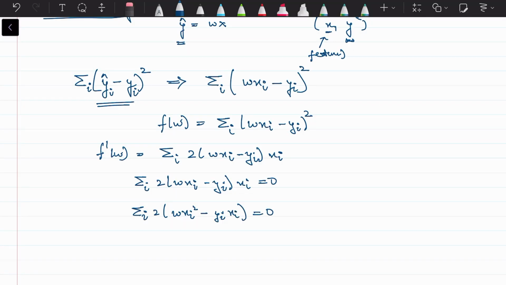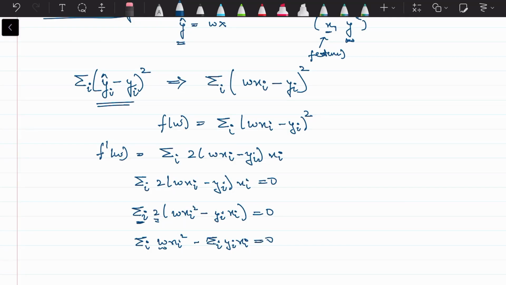Since 2 is constant, we can take it to the RHS, and summation can be put inside. So it would be summation i w xi square minus summation i yi xi is equal to 0.